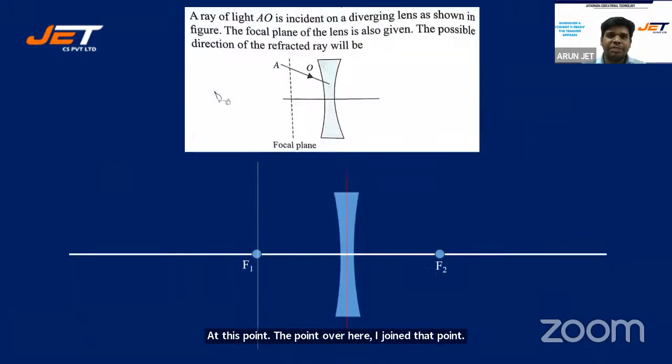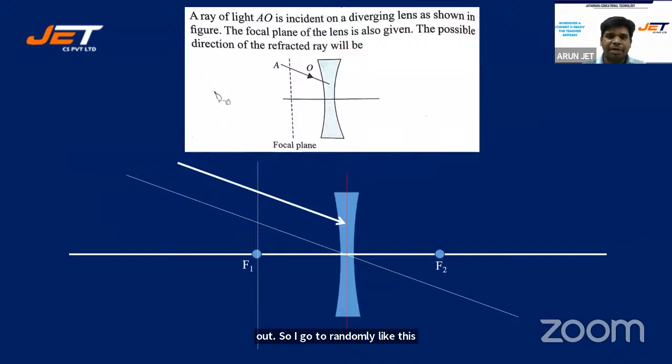So here we've got a question. I've got a random ray, that's the focal plane shown. The possible direction of the refracted ray is what's to be found out. So I've got a random ray like this. I draw a line parallel to the incident ray, the random ray, passing through the optic center.